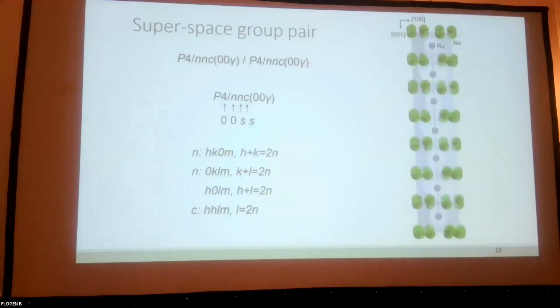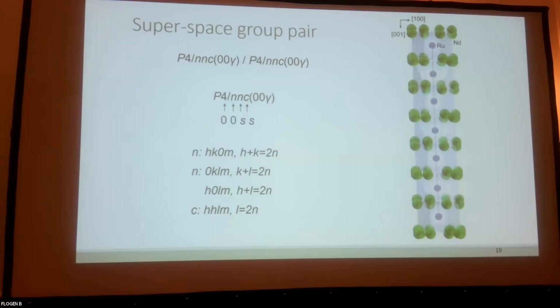And taking then the sum of the extinctions that are found into account, you can assign the superspace group, and it is also possible to assign atomic positions, but still the problem is remaining that the R values, especially for the higher order satellites, are too poor to actually publish a structure like that.